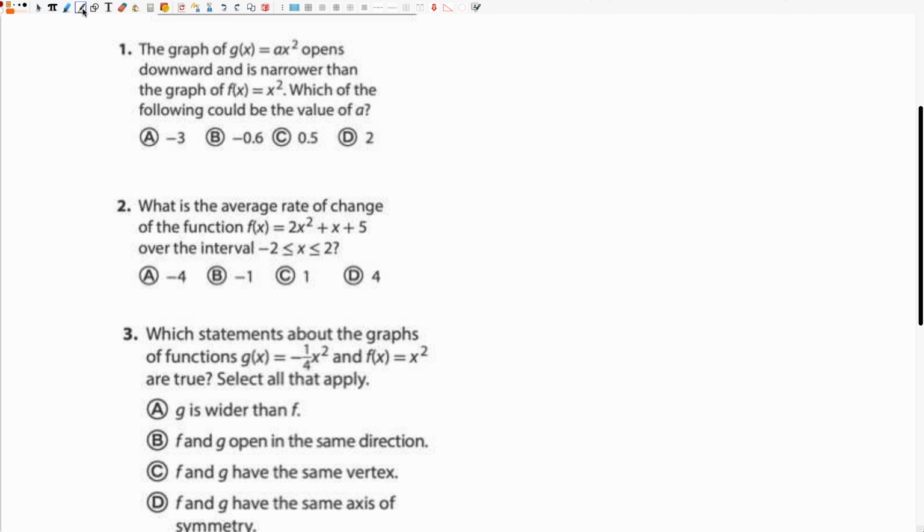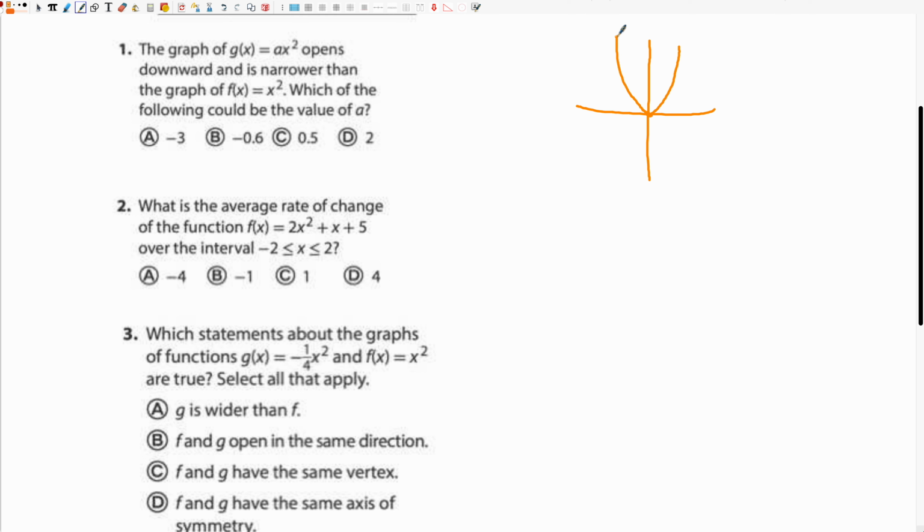The parent function has a vertex at the origin and it goes up in a very specific and predictable way, right? Everything that we do with parabolas on a graph originates with that function, and all we're going to do is move that thing around the graph, compress it, stretch it, flip it over, all those things.